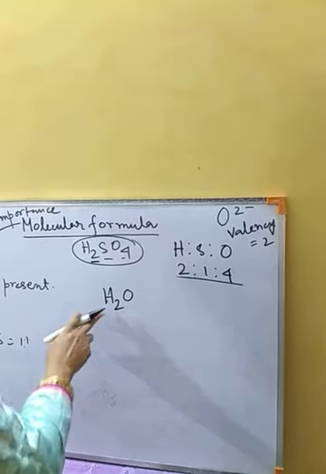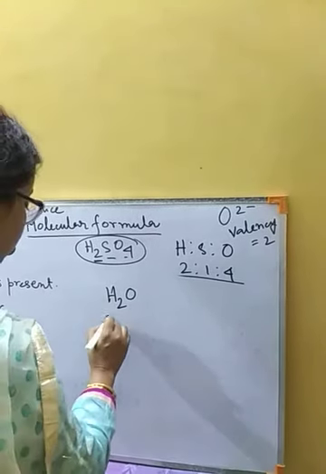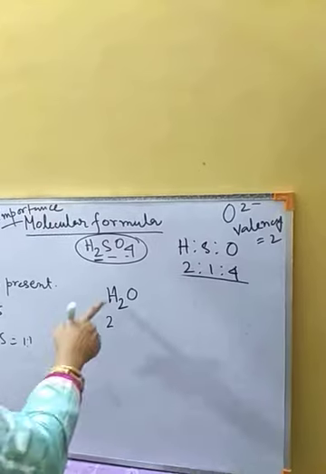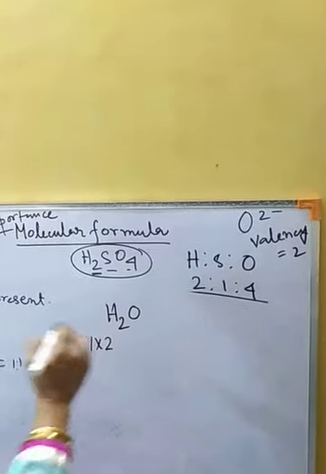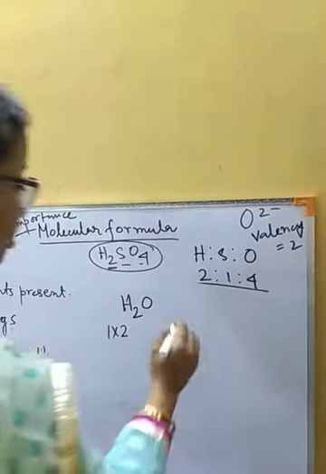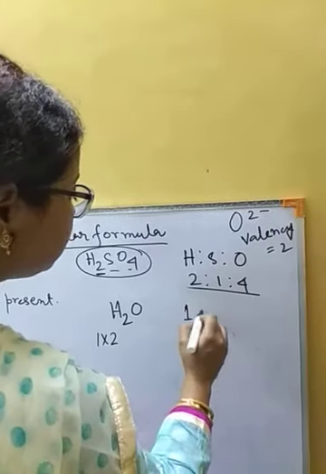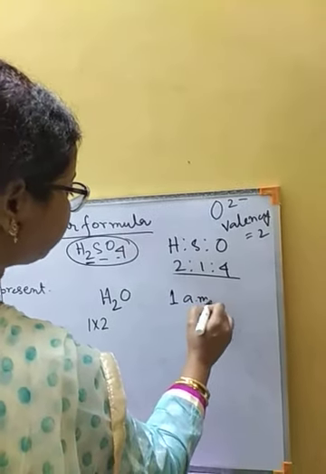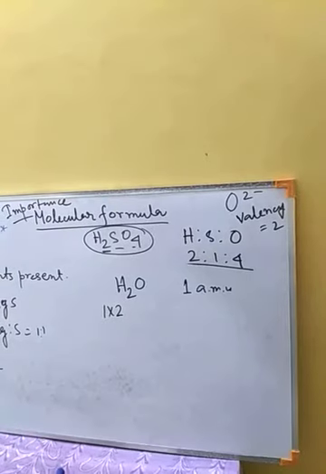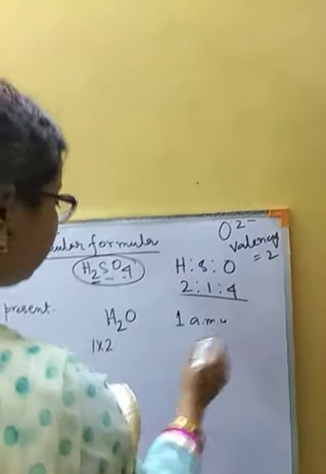Now the mass of hydrogen: each hydrogen is 1, so 1 into 2. So each hydrogen's mass is 1 AMU, atomic mass unit. This is not there in the syllabus, I'm just telling you all.